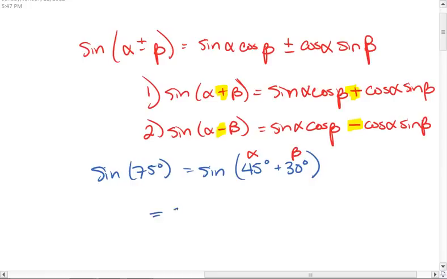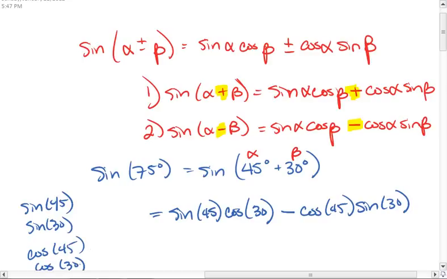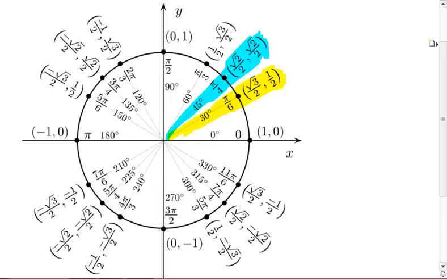This will then equal sine of 45 times cosine of 30 minus cosine of 45 times sine of 30. Well, from my unit circle, I'm going to want to figure out what all these values are. Sine of 45, sine of 30, and then cosine of 45 and cosine of 30. I go to my unit circle. Let's focus on 30.